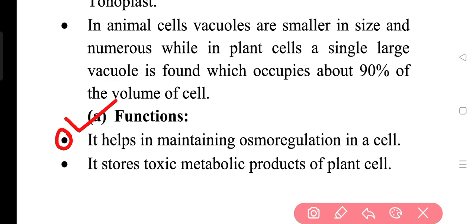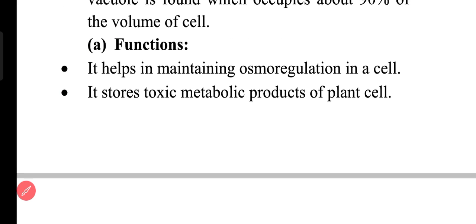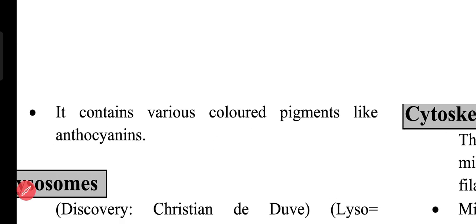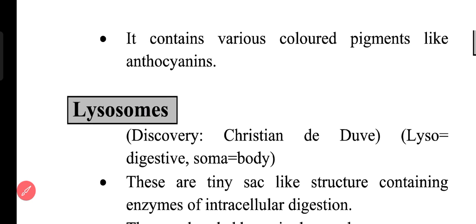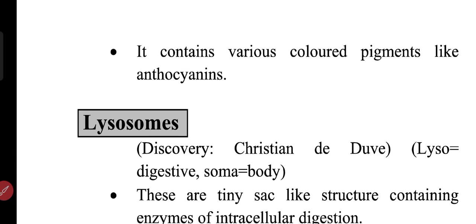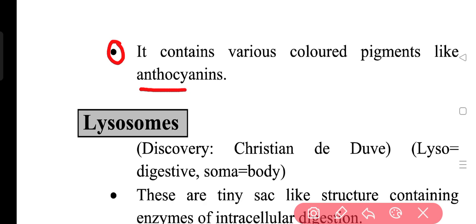So these are two functions of the vacuole. Another function of the vacuole is that it contains various color pigments, like erythrocyanins, also a pigment present in the vacuole.